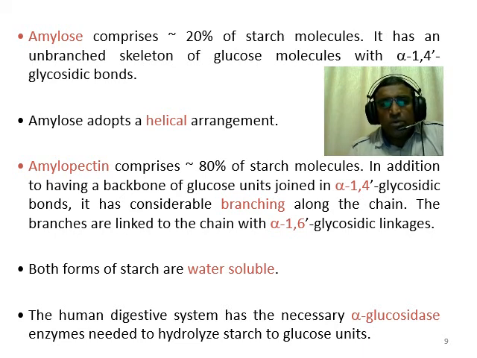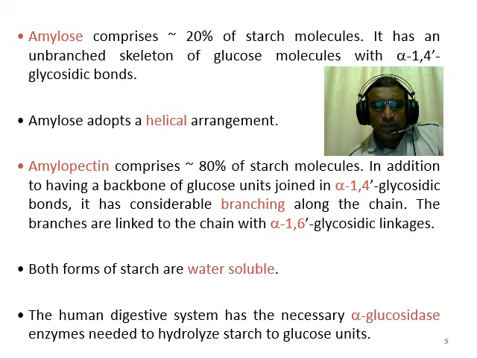So the amylose comprises around 20%, and it has only alpha 1,4 glycosidic bonds, and it is in a helical arrangement. It can actually trap iodine, therefore iodine is an indicator of the presence of starch.